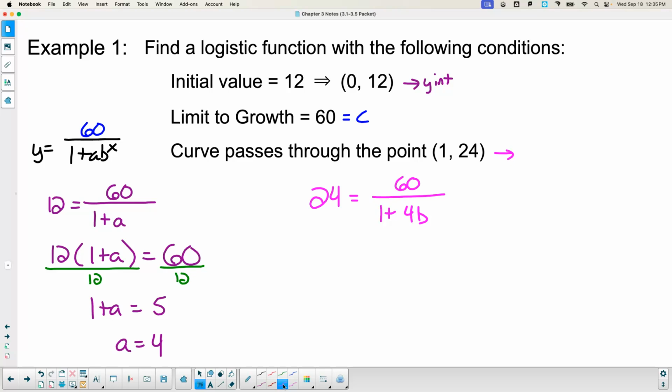Okay. What can we do there then? Same thing, right? Multiply by 1 plus 4b. Divide both sides by 24.